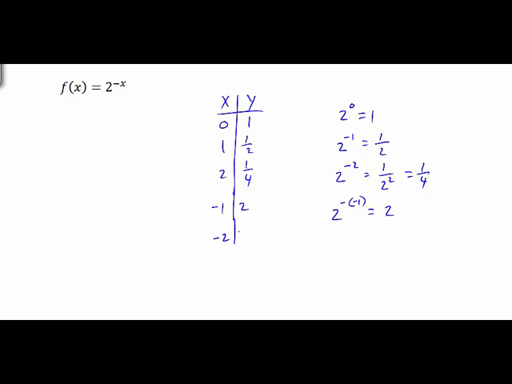And if x is equal to a negative 2, we would get 2 raised to the negative negative 2 power. Again, the two negatives make it positive, so that would be 2 squared, which is 4. And if we were to plot these points now, hopefully you can kind of see what's happening.